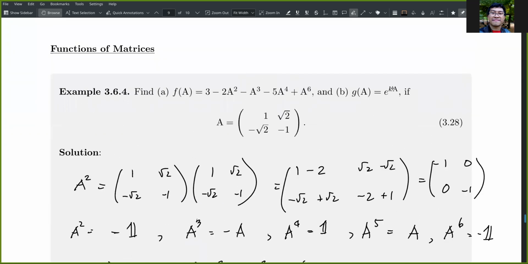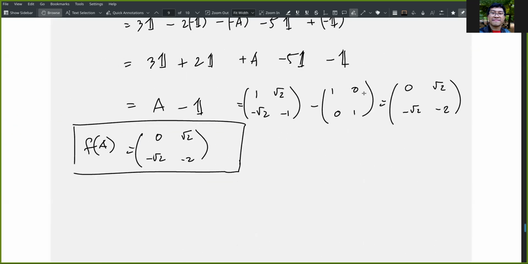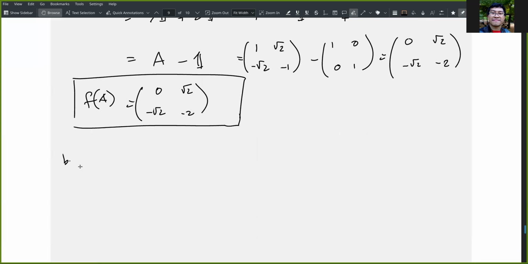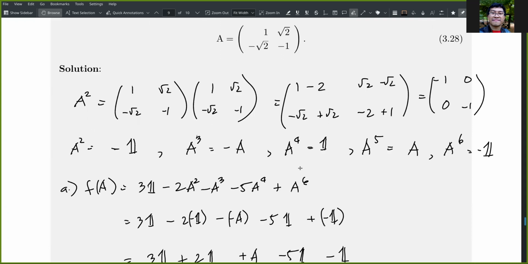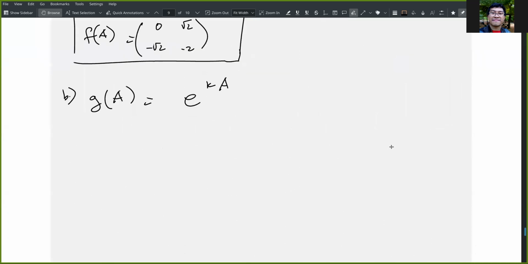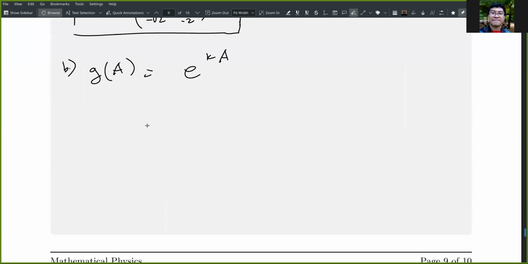Okay, how about function g? We're looking for g of A, which is e to the kA. K is a constant in this case. So what we can do, we use our knowledge of series. We use the Maclaurin series for this.